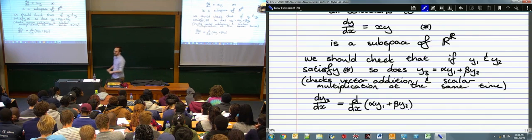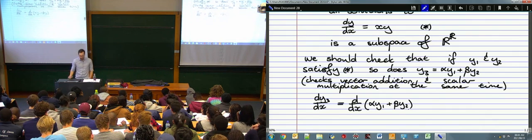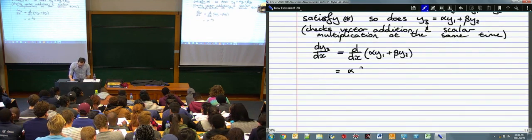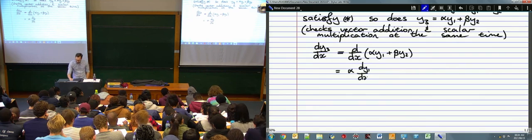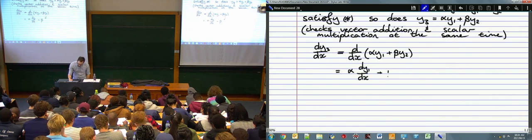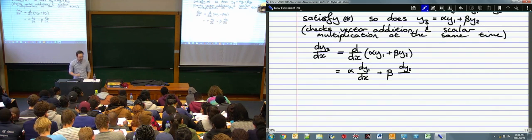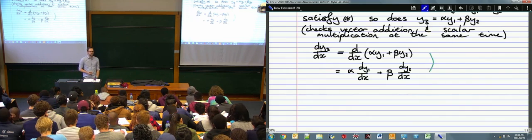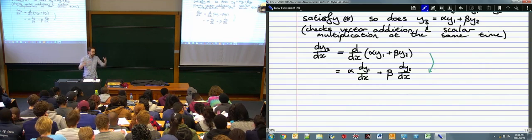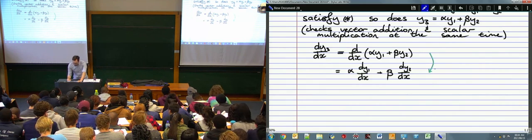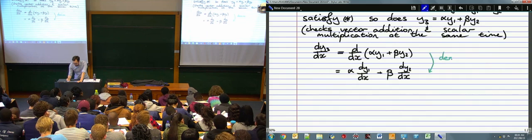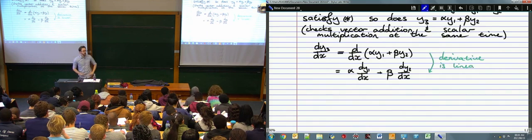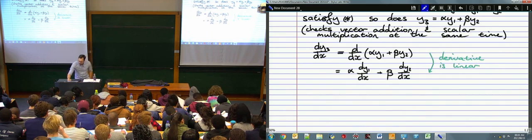We know this from first year, and likewise you can pull out a constant. So we can rewrite this, using the linearity of the derivative, as alpha times dy1 by dx, plus beta times this derivative over here. As with almost everything we do, all we do is exploit the linearity of whatever transformation we're looking at. So the derivative is linear.